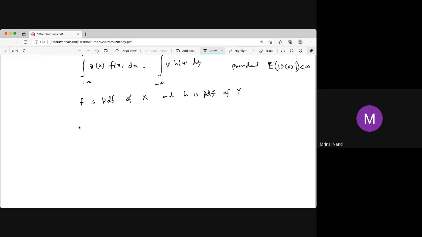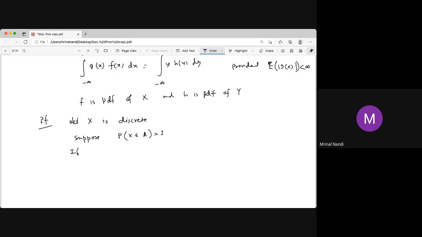So how do you prove this? Let first x be a discrete random variable. So first we prove it for the discrete case. Now suppose the probability that x belongs to A is 1. That is actually the spectrum.